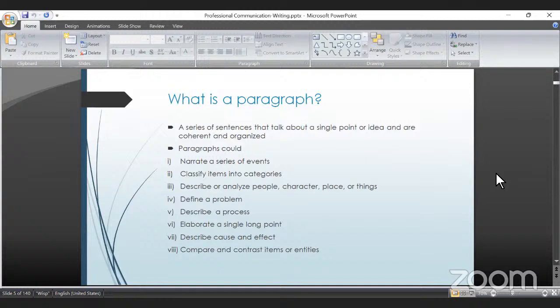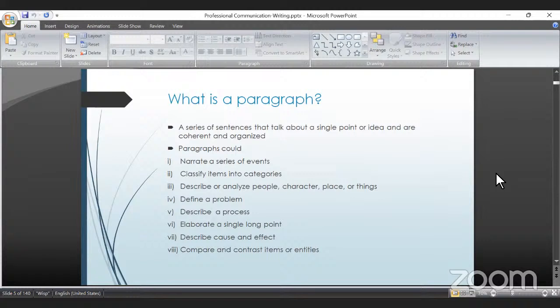So we discussed in that class that anything cannot be a paragraph. Any group of sentences cannot give you a paragraph. So what collection of sentences will make a paragraph? If those sentences talk about a single point or idea, and are coherent and organized.